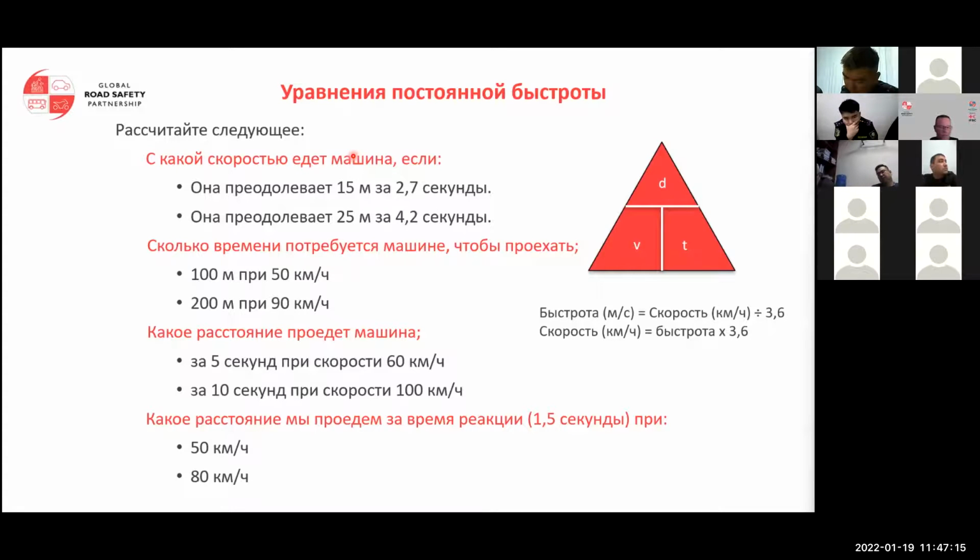How does this relate to crash work? Situation: you're driving down the road at 50 kilometers per hour. When you are 25 meters away from a driveway, a car reverses out in front of you. So you are doing 13.89 meters per second.